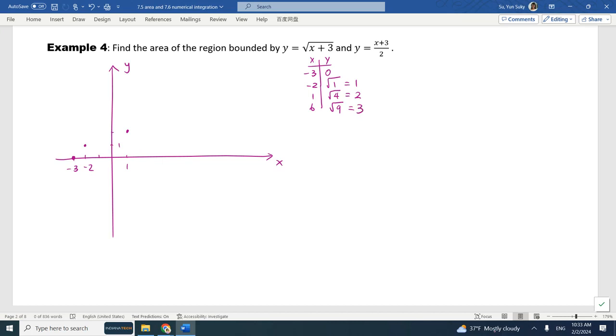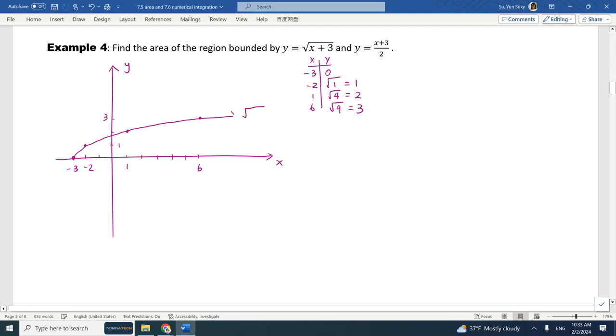So we plot the integer point. 1, 2, 3, 4, 5, 6. And we're at 3 right there. And then we connect the points smoothly. This is y equals square root of x plus 3. Plot integer points.